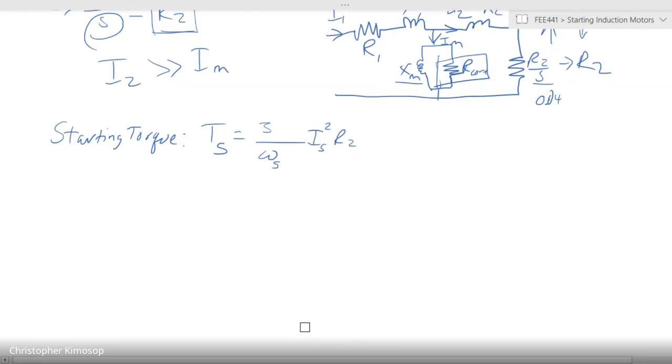That gives you the value of your starting torque.